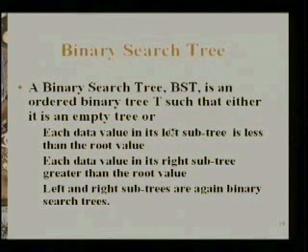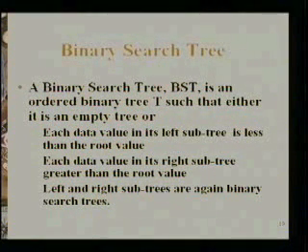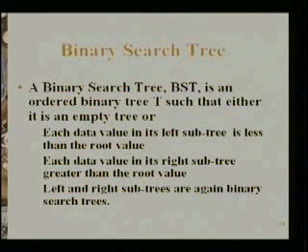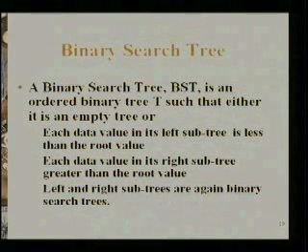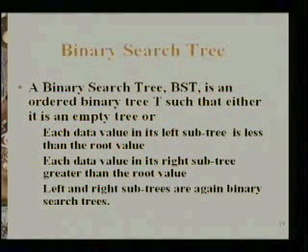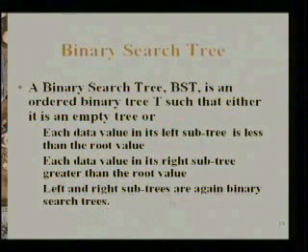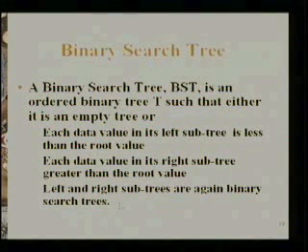That is one of the requirements, that whatever is falling to the left is less than the key value which is available in the root, and each data value in its right subtree is greater than the root value. So these are the two basic properties. And finally, left and right subtrees are again binary search trees. So this particular property is contiguous. It goes on. It doesn't stop at this particular junction.